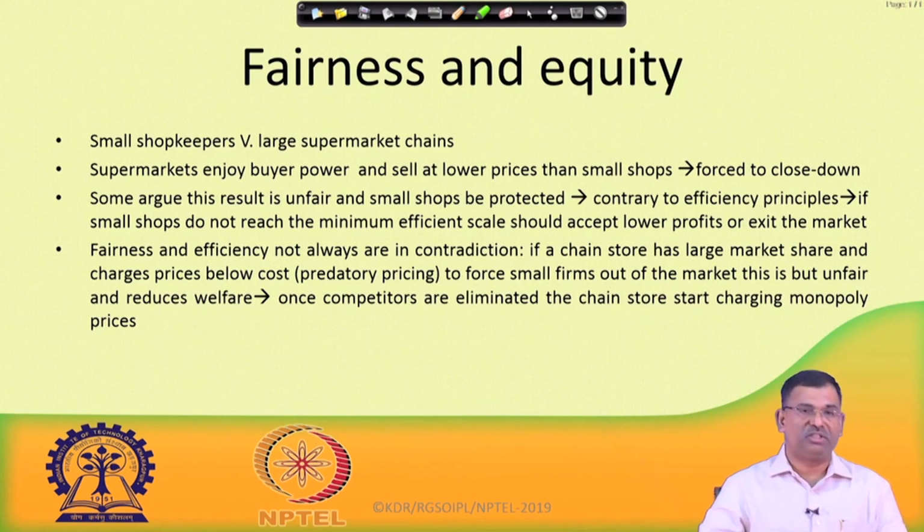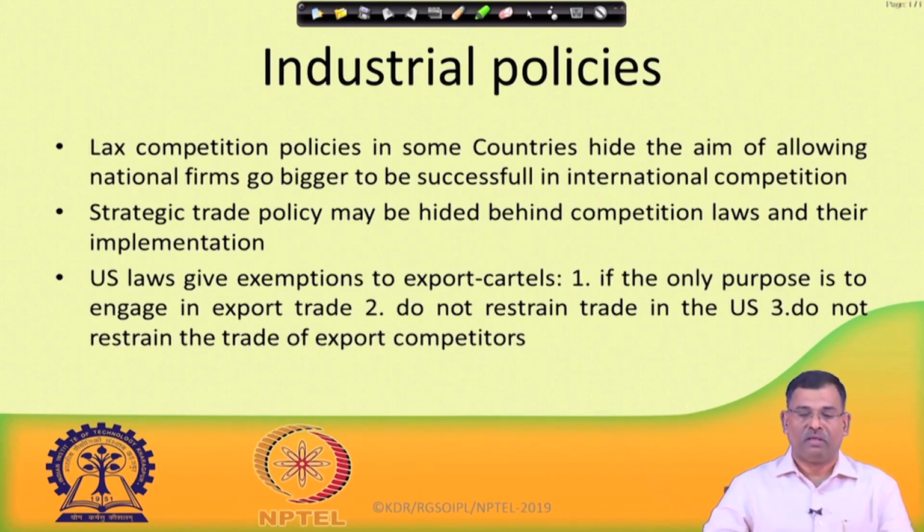And most importantly, industrial policies play a very crucial role in the allocation of resources as well as the competitive process in the market. Some countries come out with liberal economic policies and industrial policies, and some countries have exemptions to business activities.